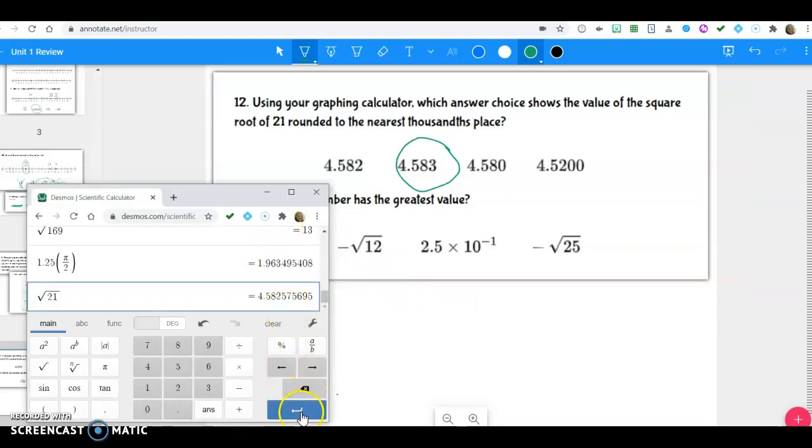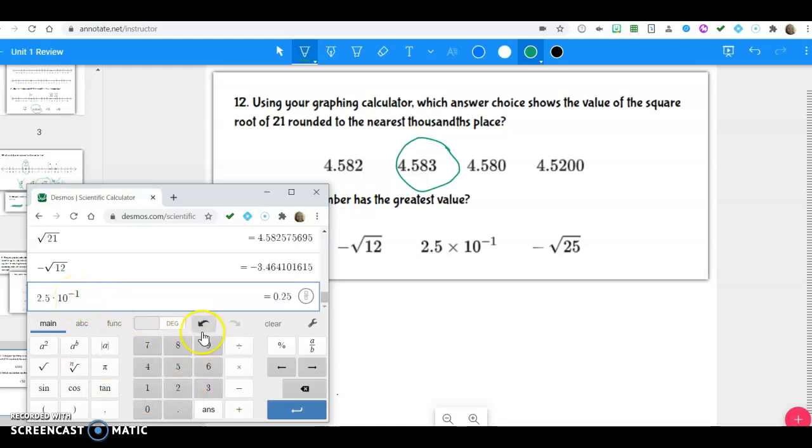And the last one, again, calculator skill. So we're going to evaluate these three to see which one has the greatest value. So negative the square root of 12 is going to give me negative 3.46. Then I have 2.5 times 10 to the negative first power, which is going to give me a quarter.